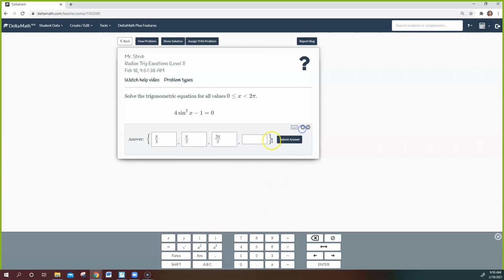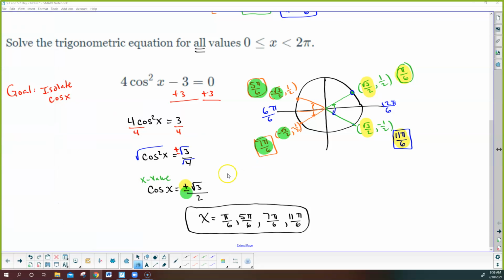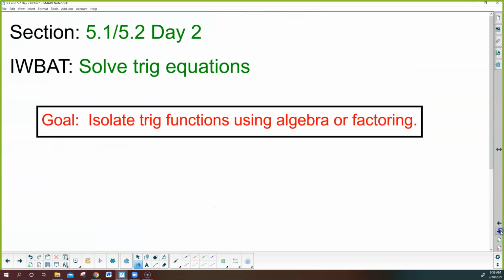Okay, and then my 4th answer would be here, and then you could hit submit. So I just wanted to make sure you guys were aware of that notation. If you have more than one answer, you want to hit the plus button to add those. If you accidentally click too many boxes, you can click on the minus, and it'll take them away. So I'm sure you've had to do that in other ones. I just wanted to make sure that was clear.